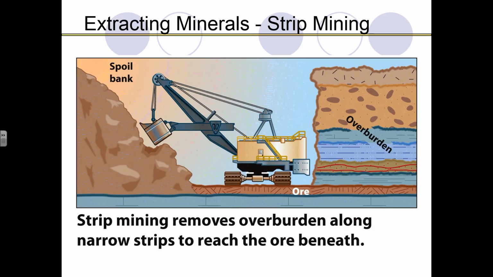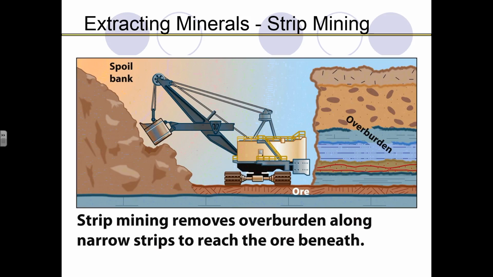You have overburden on the right, spoil bank on the left, and then you see the ore on the bottom. So with strip mining, we're going to remove the overburden. The overburden is just the overlaying layers of soil and rock, and it must be removed first with the vegetation in order to get to the ore. So underneath the overburden is where we're trying to get to, and that's where the ore is located.